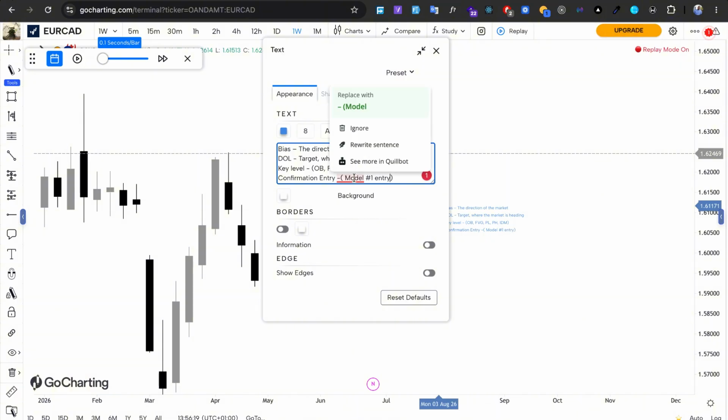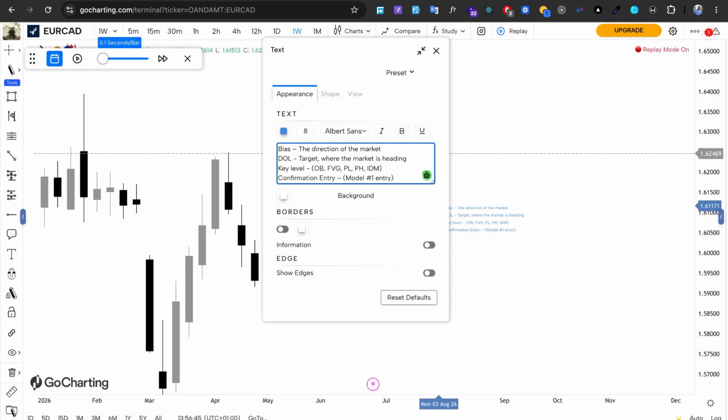For this Model 1, what I want to be seeing is a sweep of a previous high, and the engulfing of the purge candle at key time. You understand? At key time, very important.